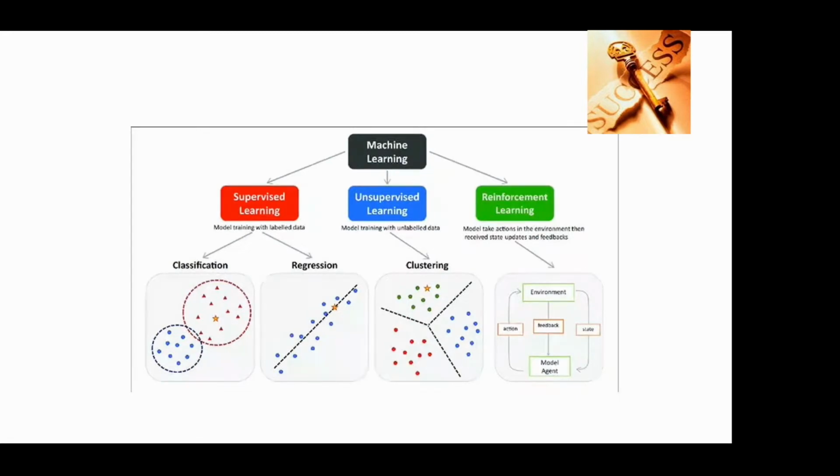In machine learning, as already discussed, in supervised learning we are doing classification and regression. If the machine is trained with the supervised learning approach, then we are able to classify objects and we are able to perform regression analysis.